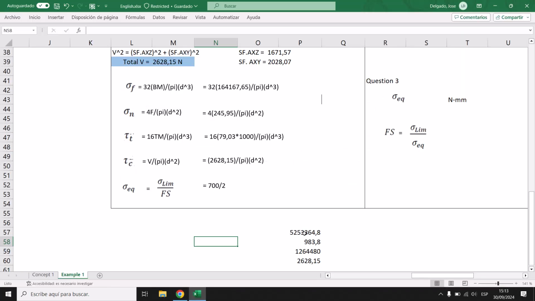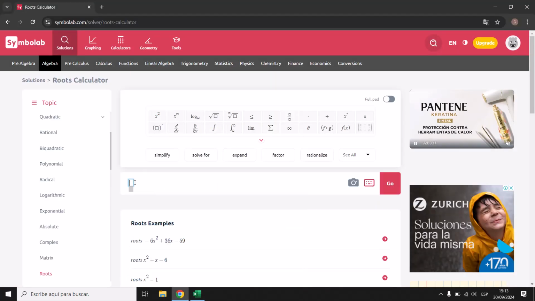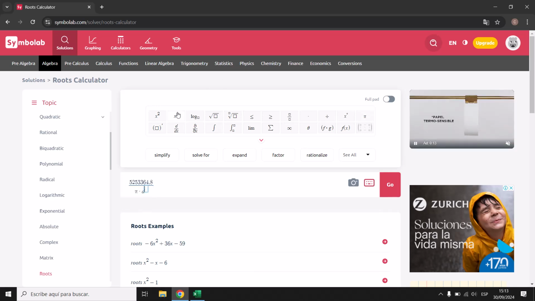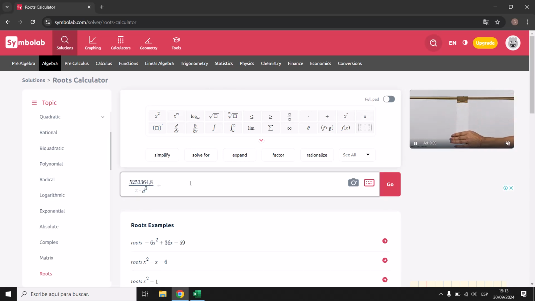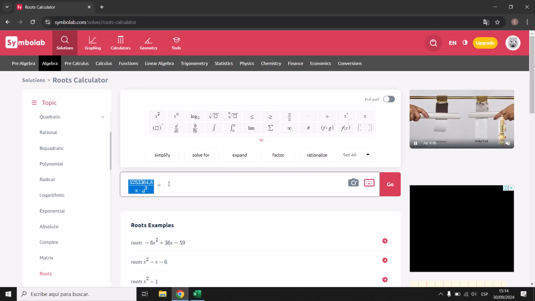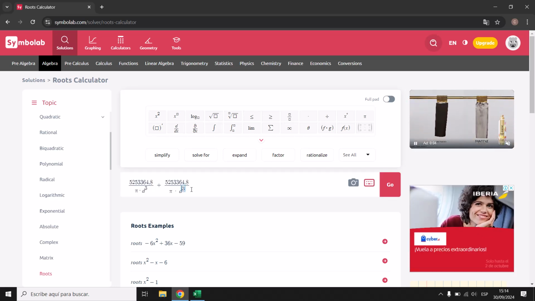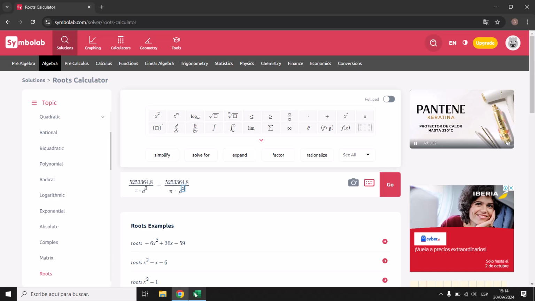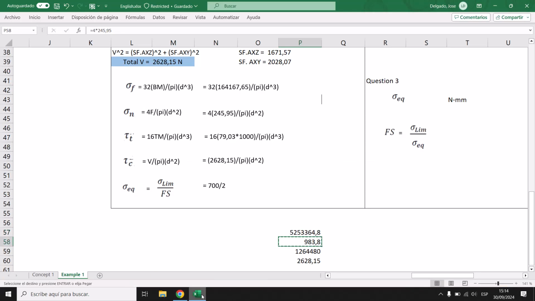Just do it. Our first value is going to be this divided by pi multiplied by our diameter to the power of 3, plus. We're going to have the same. Just copy this, but our diameter is just squared, and our new value is this.